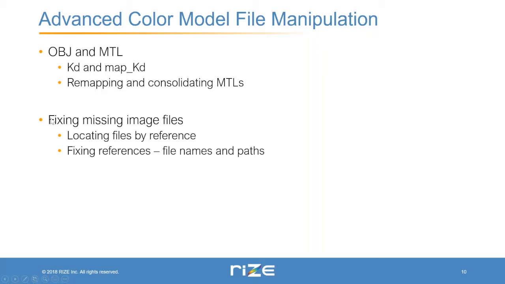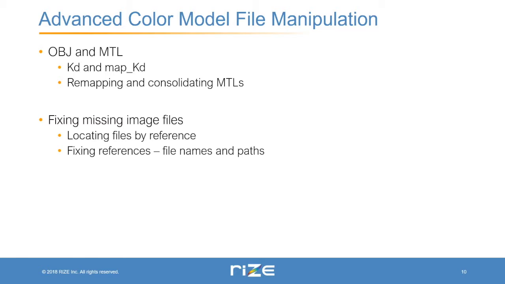The other thing that you can use that functionality for is fixing missing image files. One of the things that I often encounter is you try to open an image file and it's missing, or you try to open a color model and it says that it's missing images or references, and it will be shown in gray rather than the full set of colors that it's supposed to.